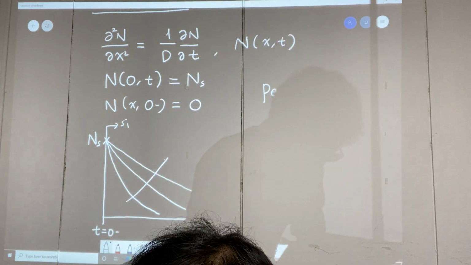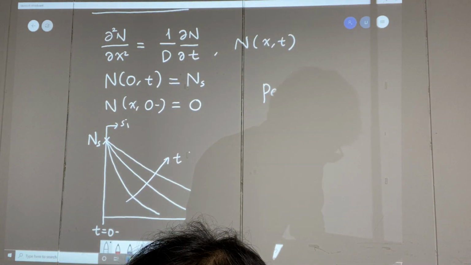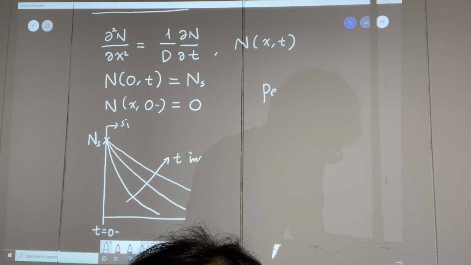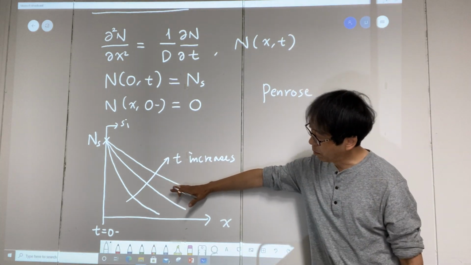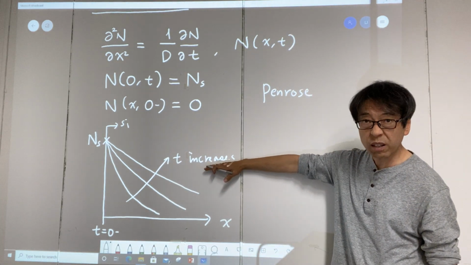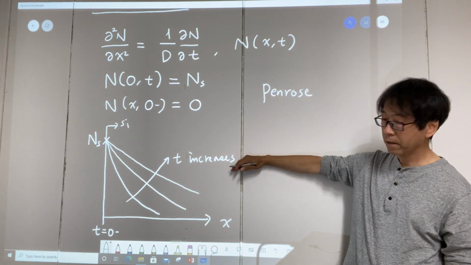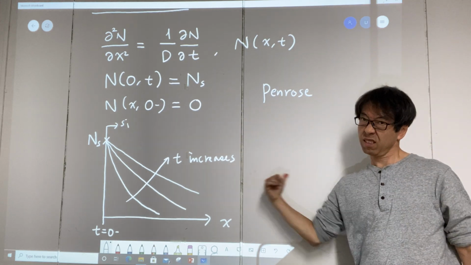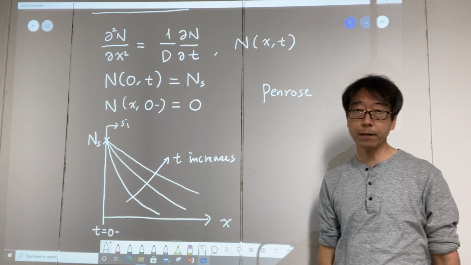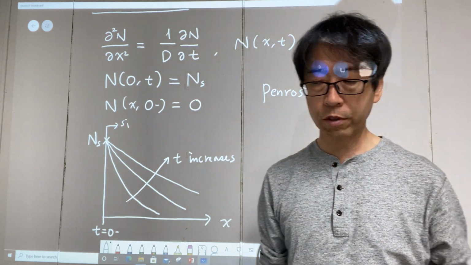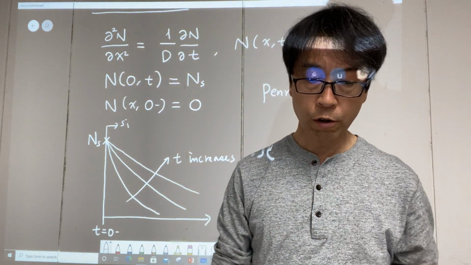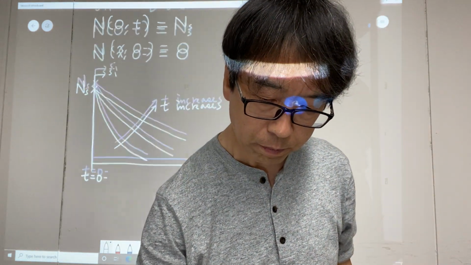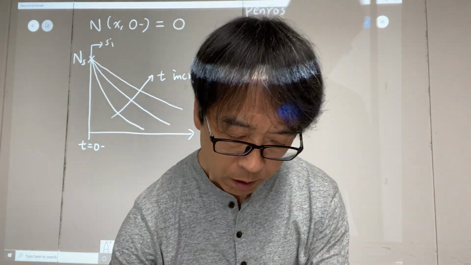And as time increases, T increases. The diffusion profile will become more and more flat and go deep into the silicon. And we assume that the depth of silicon is infinity, because compared to the surface, it's really a huge number. It's really a large number. All right.